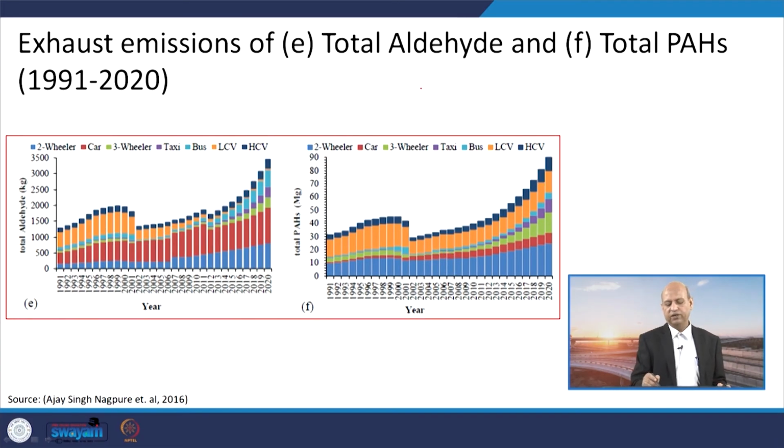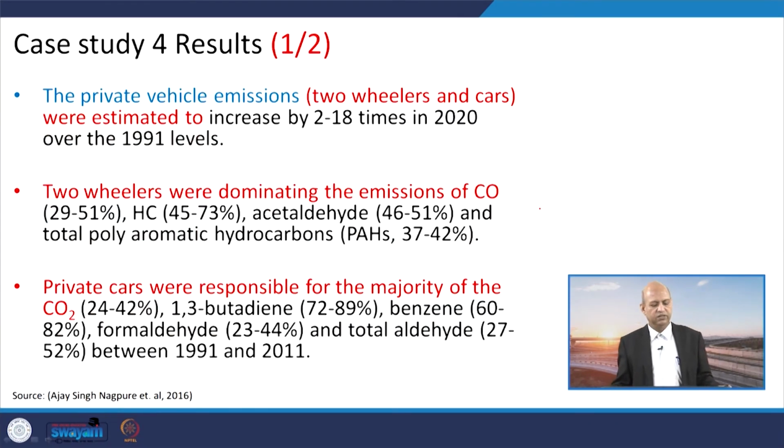Same thing you can see in aldehyde and total PAH, you can see the increase after 2001, but technology did not have much impact on the PAH emissions. So, this fourth case study's results are basically that private vehicle emissions, like two wheelers and cars, were estimated to increase from 2 to 18 times in 2020 over the 1991 level, because their number increased.